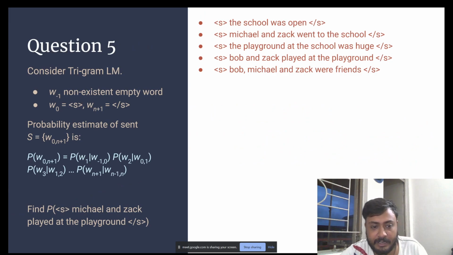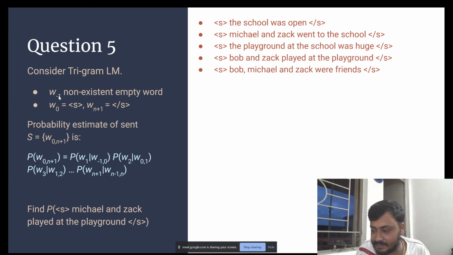A little big, but let's go slowly over it. You have to consider a trigram language model. Trigram language model means probability of x3 given x1, x2. So you have to consider the previous two tokens. Now they are saying you also consider that there is this non-existent empty word w minus 1.